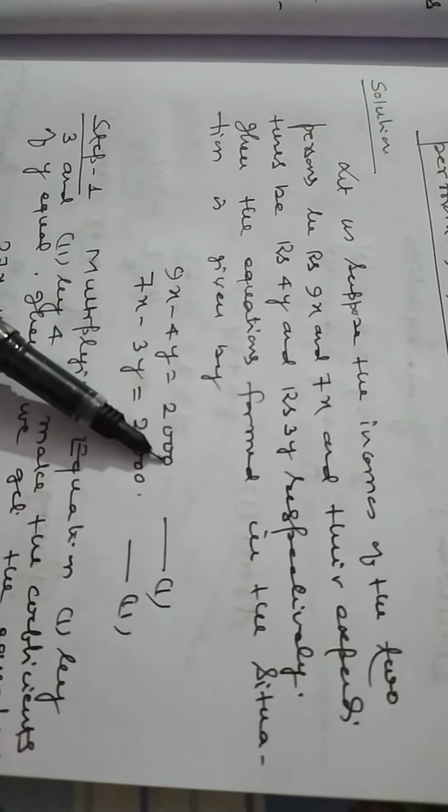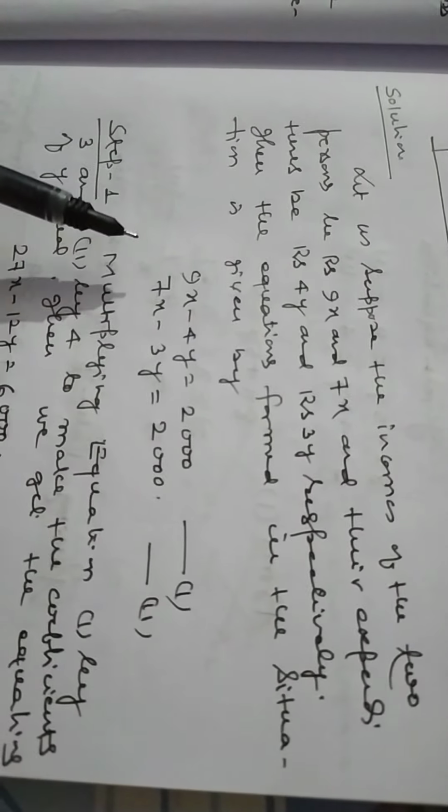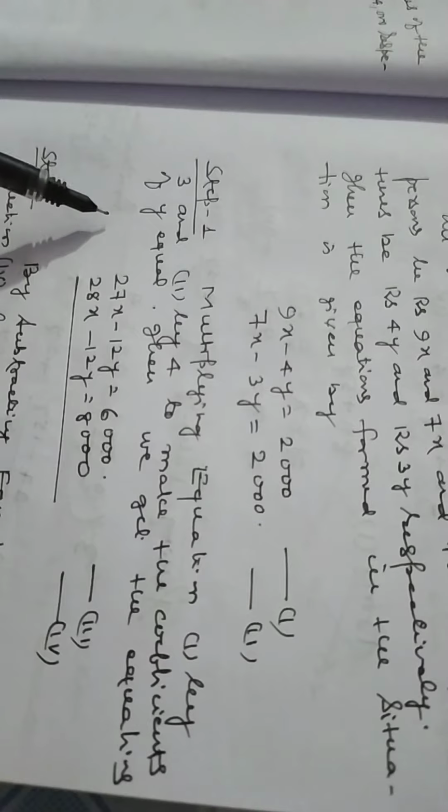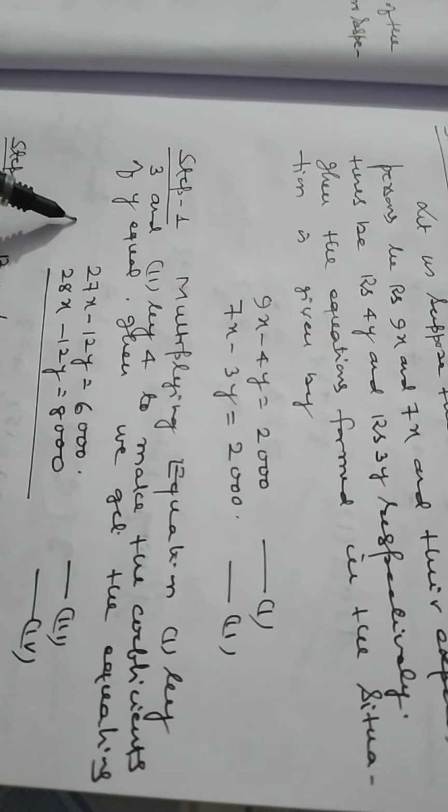First, you write the equation. Here, 9x minus 4y is equal to 2000 and 7x minus 3y is equal to 2000. So, we want to solve this problem by the elimination method. So, how will you solve the problem by this method?